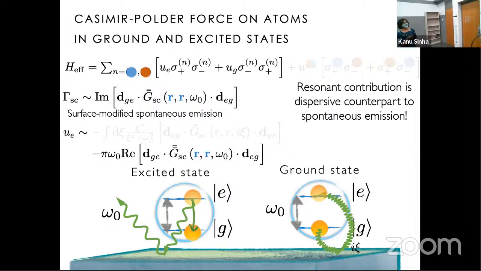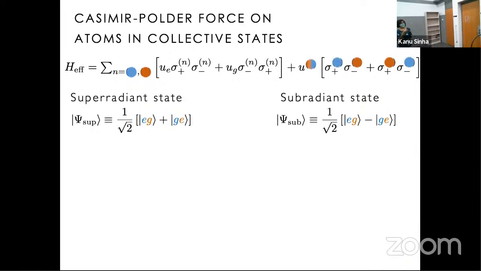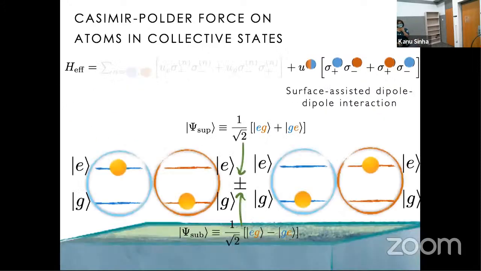Okay. And what happens now in the case of the more interesting states, which are the super and subradiant states? So here, for example, we have our collective superradiant state and the subradiant states, which can be written more explicitly like this, where we have a superposition of the blue atom being excited and the red being ground, with the blue atom being ground and the red atom being excited.